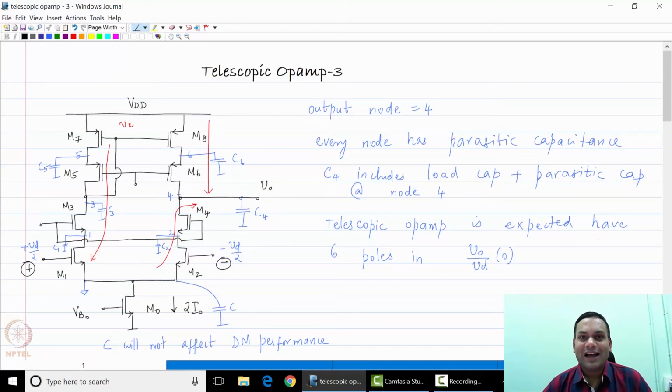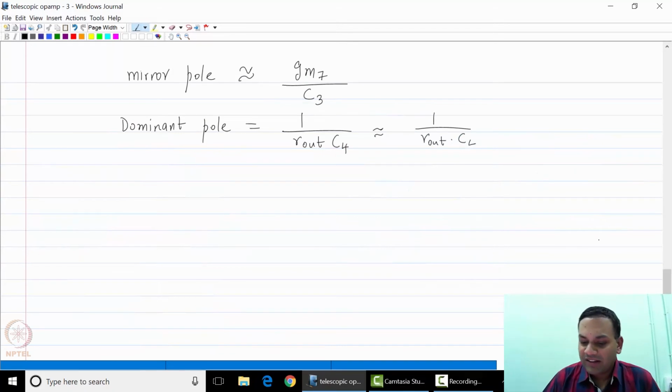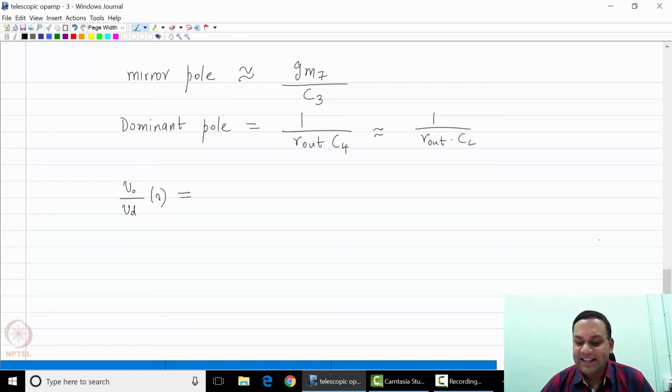If I were to write it as a function of the dominant pole, the frequency response VO by VD of S would consist of several parts. The first part is the DC gain of the system, which is nothing but GM1 times R out.